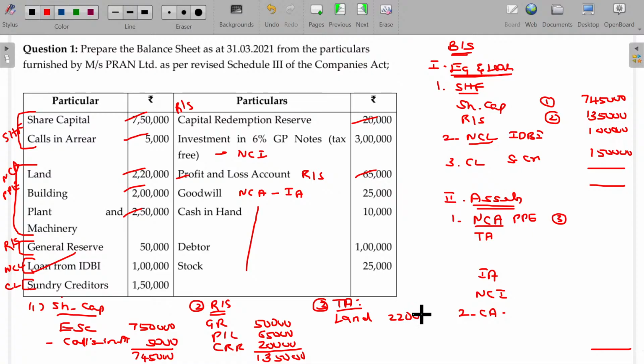Land 2,20,000, building 2 lakhs, plant and machinery 2,50,000. What's the ultimate value? 6,70,000 rupees.